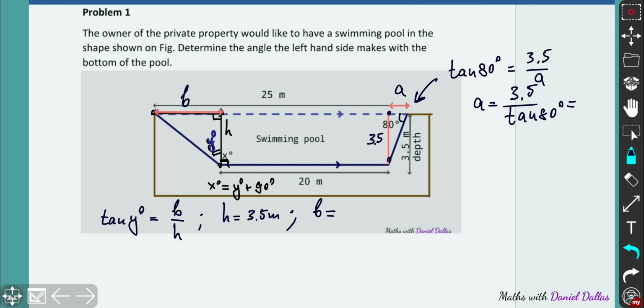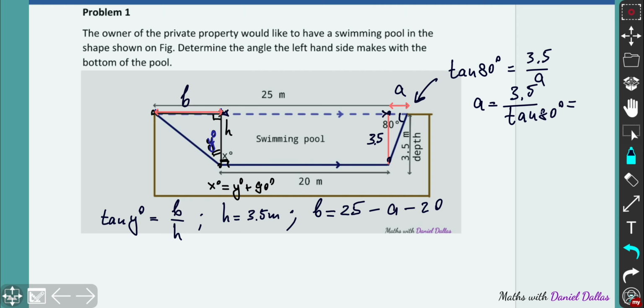So b is the whole 25 length, minus the small a, and we also subtract 20. Why 20? Because this part is actually 20 meters. We put in two perpendiculars, so that means we arranged a rectangle, and that's why a 20 side is right there as well.